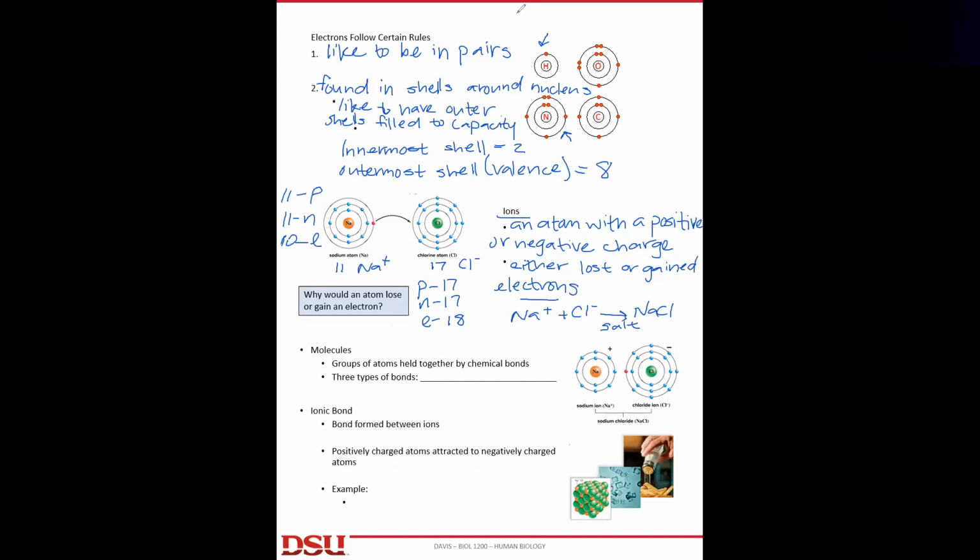Anyway, held together by chemical bonds, 3 types of bonds. Only talk about 2 of them in this lecture. Ionic, which, big surprise, is between ions. Covalent, and hydrogen. We won't talk about hydrogen bonds till we get to the water lecture. And an ionic bond is formed between ions of opposite charges.